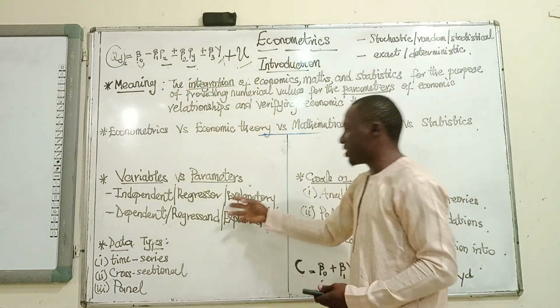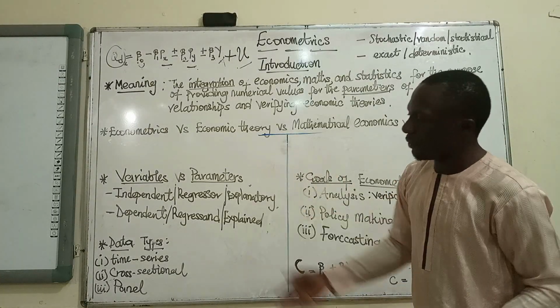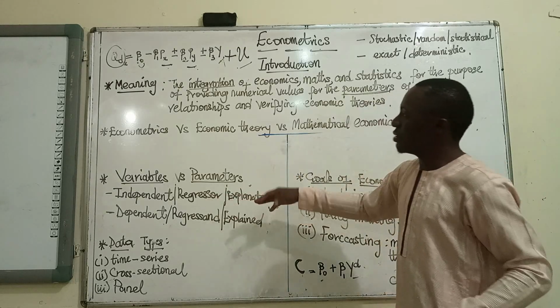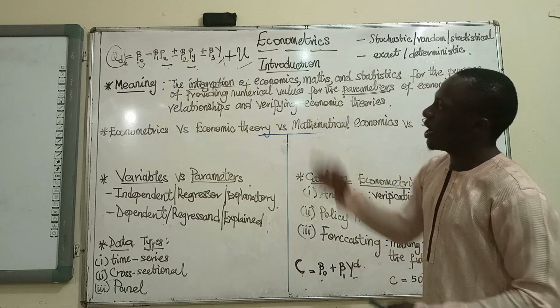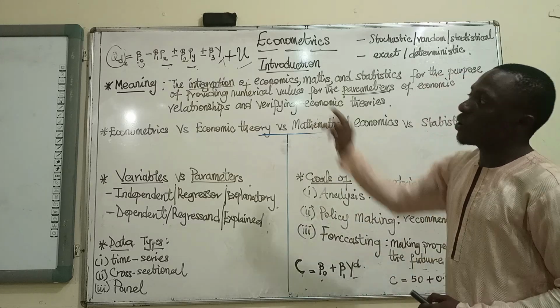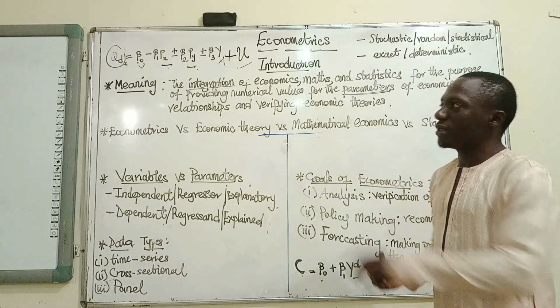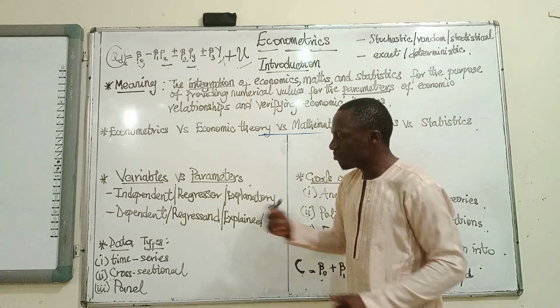That's why we call them explanatory variables or the regressors. So in this model, we have 3 explanatory variables, all explaining just this quantity demanded of X, which is our dependent variable. Okay, I hope that is clear now.